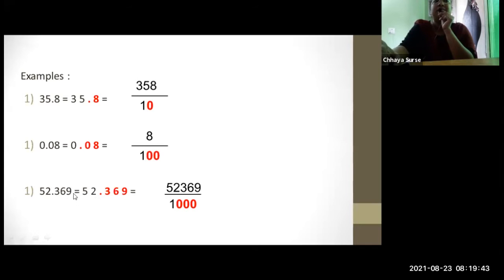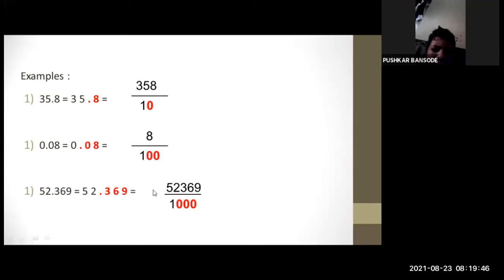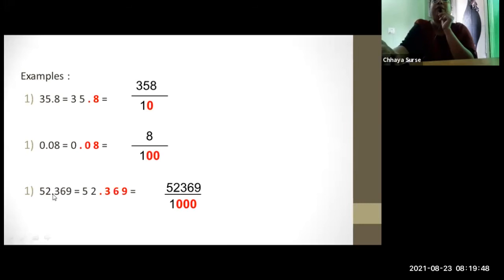And the number is 52,369 as it is. When you are writing the common fraction, there is no need to write the decimal point. You write the number as it is, because we convert the decimal point into a power of 10.